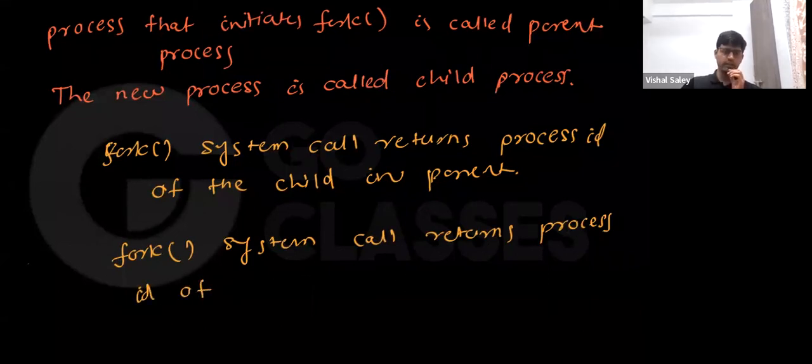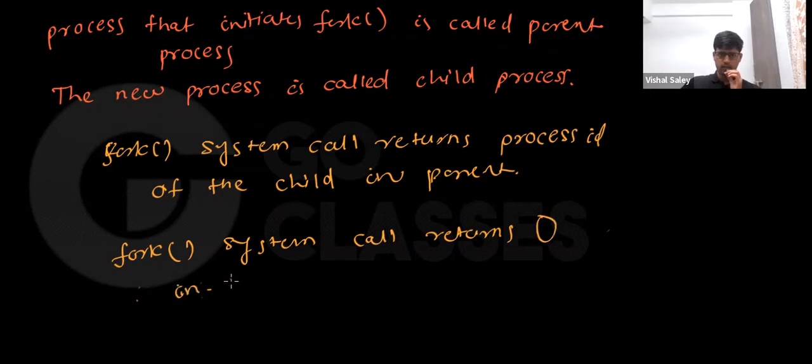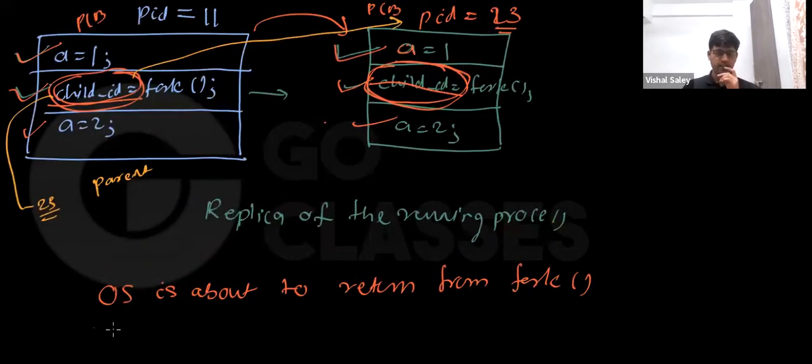So the next point is this. The fork system call returns 0 in the child process. Okay, understand this very carefully. The fork system call was called by a single process, which is this blue one, the parent process. The operating system created a replica. It created a child process, right?